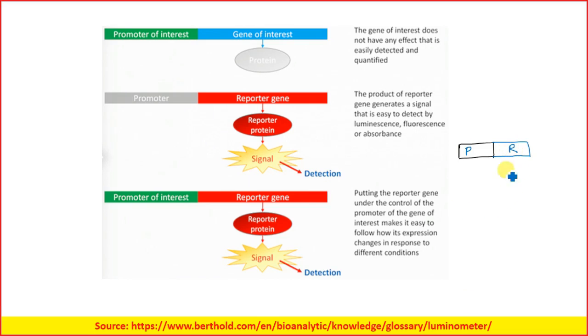Now this reporter will generate the enzymes, firefly luciferase, which I will name as FL, but it cannot generate the protein without getting the command from this promoter system. It will generate this only if it gets an instruction from the promoter.